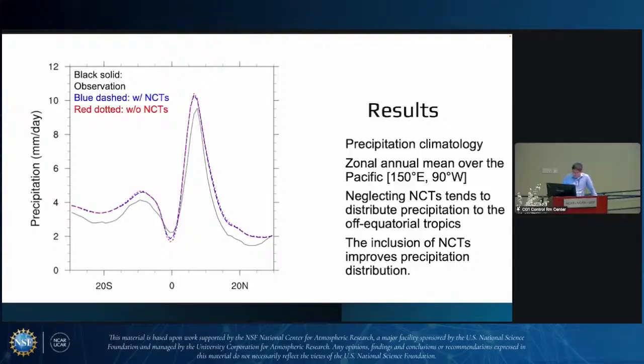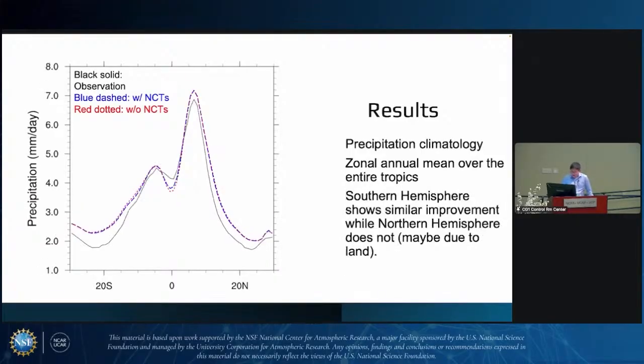And we see that neglecting the non-traditional Coriolis term tends to distribute... If you look at the red dots, which means without non-traditional Coriolis term, and compare that with the blue dashed line, which is with non-traditional Coriolis term, and then compare those with the black line, which is observation, you see that the blue dashed curves are closer to the observation, which means that we are improving the precipitation by including the non-traditional Coriolis terms. And this is zonal mean.